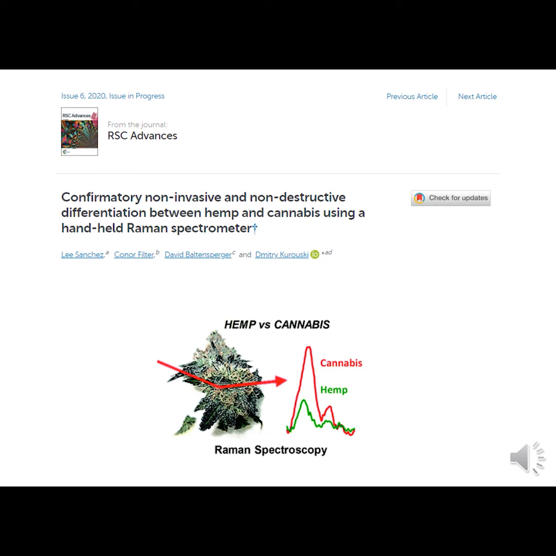There's recent work that came out of Texas using Raman Spectroscopy, where it takes a scan of a cannabis plant and it could differentiate a sample between hemp and marijuana.